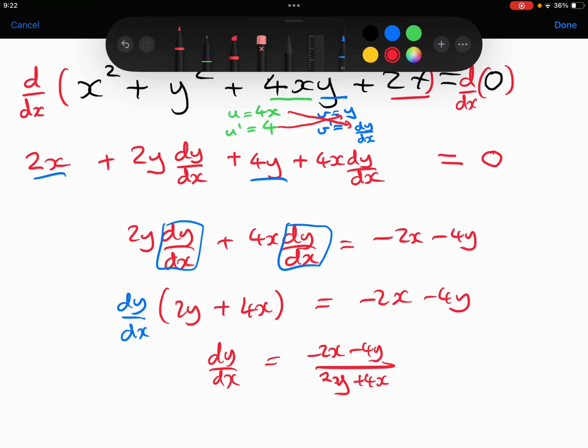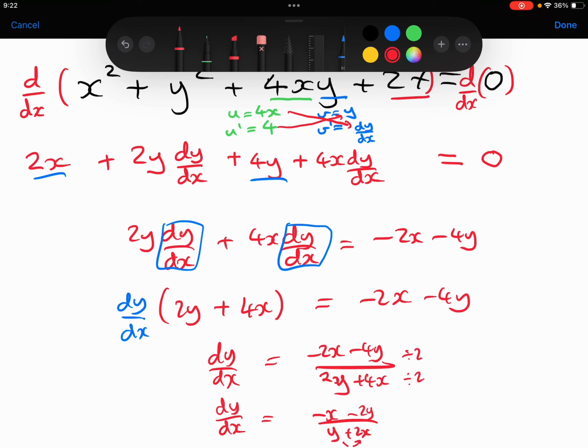And the only other thing I might do is I notice that I can divide everything on the top and the bottom here by 2. So we'll just simplify that fraction. And we'll end up with minus x minus 2y over y plus 2x.